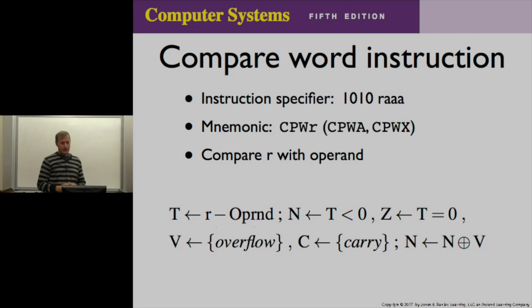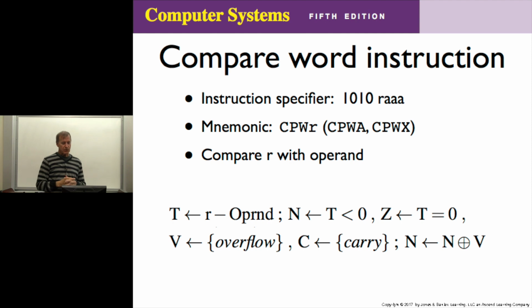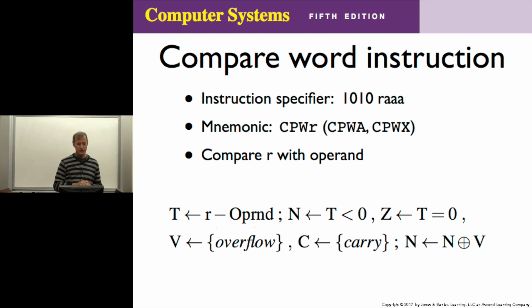Okay, so now the next program, we're not going to compare a number with 0. We're going to compare two different quantities. And to do this, we're going to need the compare word instruction. This is called CPW, compare word, and there's going to be two flavors, either compare word accumulator or compare word index register.